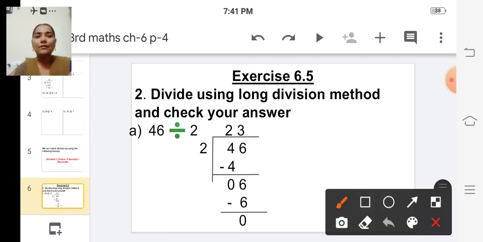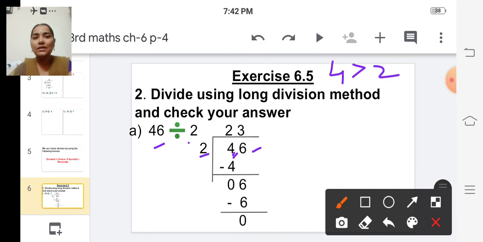Okay, first one, 46 divided by 2. So you have to write the dividend here, divisor here. Consider the first digit of the dividend. It is 4, isn't it? So 4 is greater than 2, so we can divide.